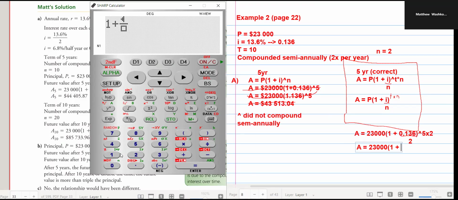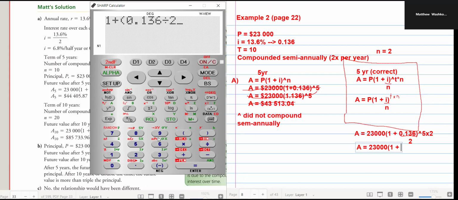If you're the kind of person who does 0.136 divided by 2, okay, so this is 0.068, and then add that to 1, right now that works. Later, that's going to bite you. So keep your stuff in fractions if you can. So 1 plus fraction. If you don't have that button, you can do brackets instead.